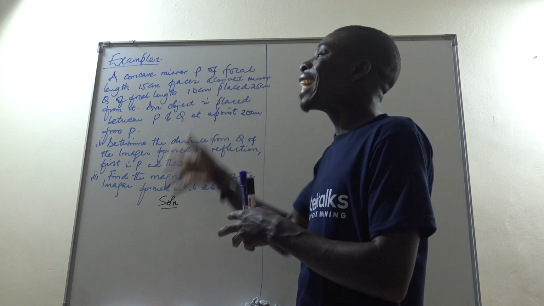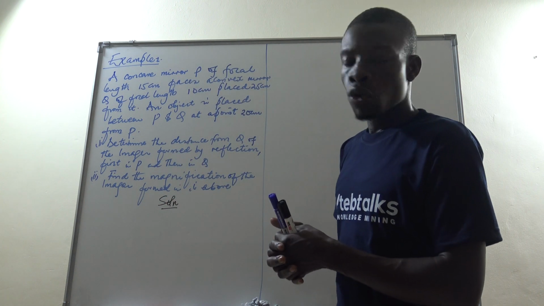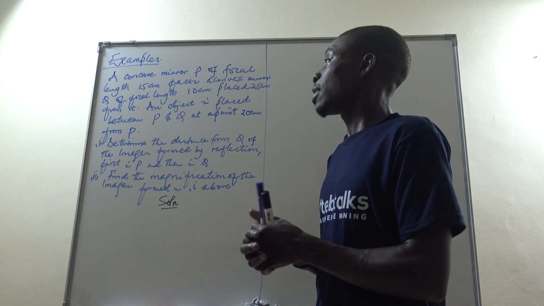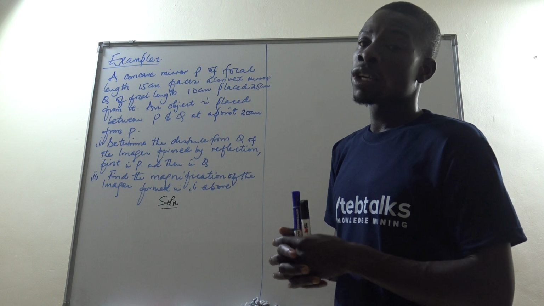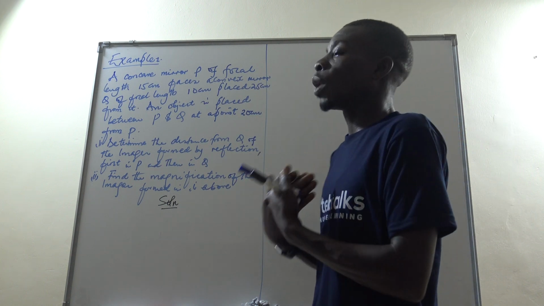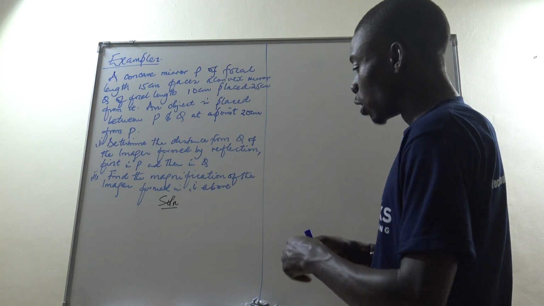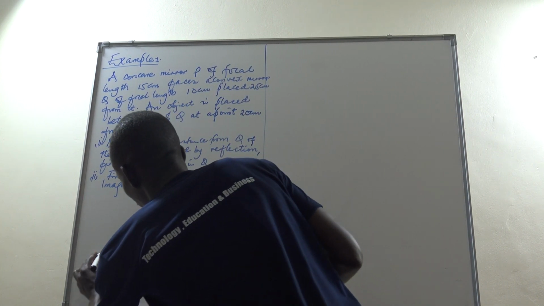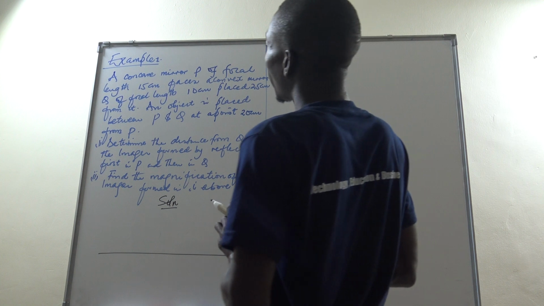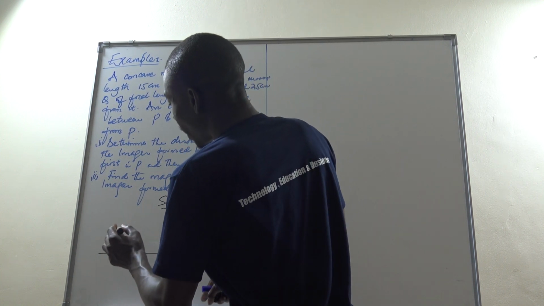So, to analyze this very well, it would always be of importance for you to first try out the sketch of what actually happens. So, if we are to sketch, we are saying a concave mirror P of focal length.